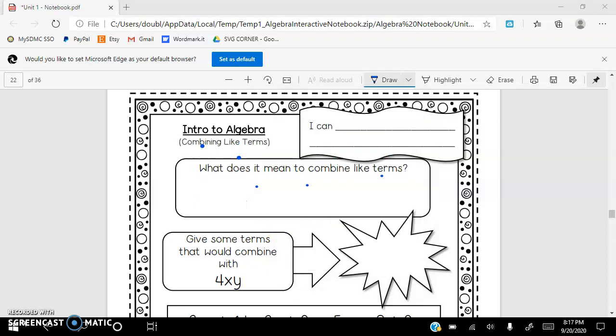All right, today we're talking about combining like terms, and our essential question is, what does it mean to combine like terms?